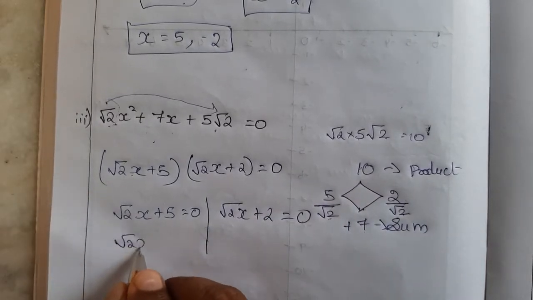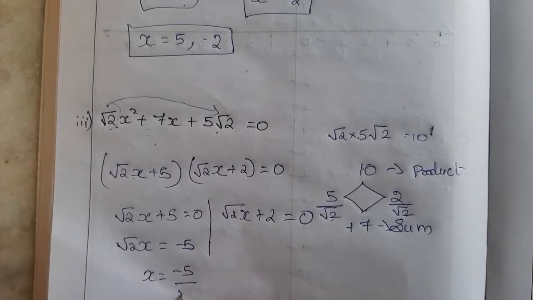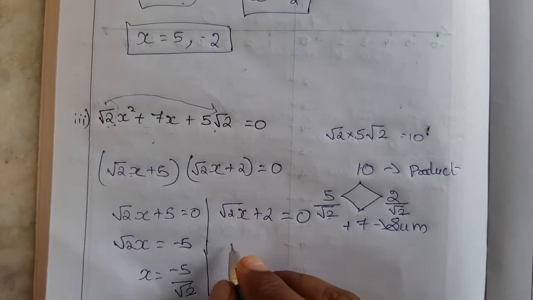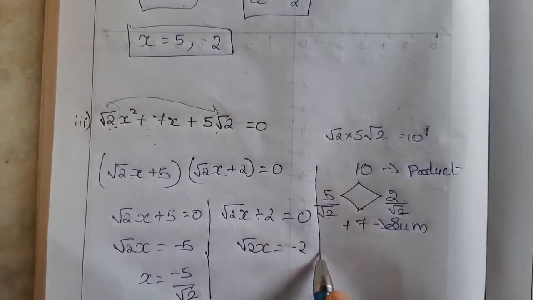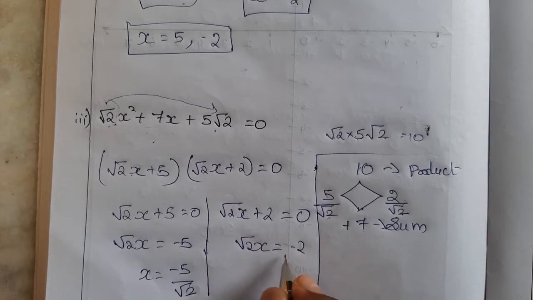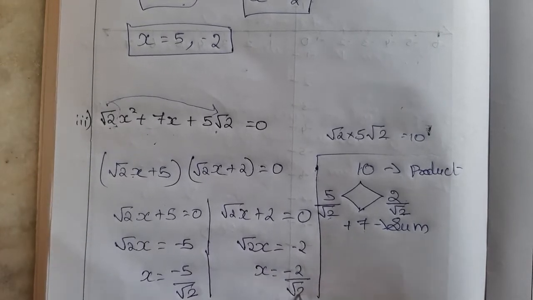√2x = −5, so x = −5/√2. Or here, √2x = −2, you can do this in the half column. Then x = −2/√2.